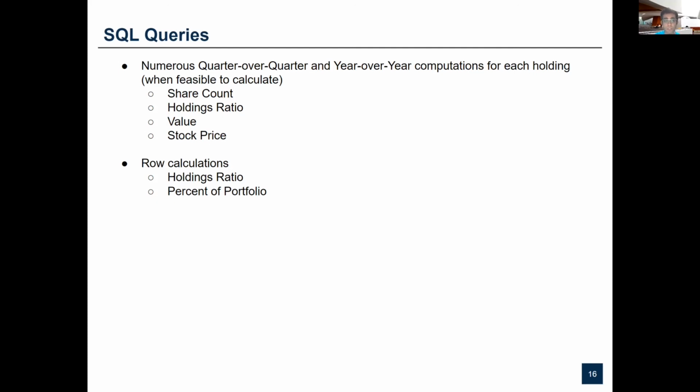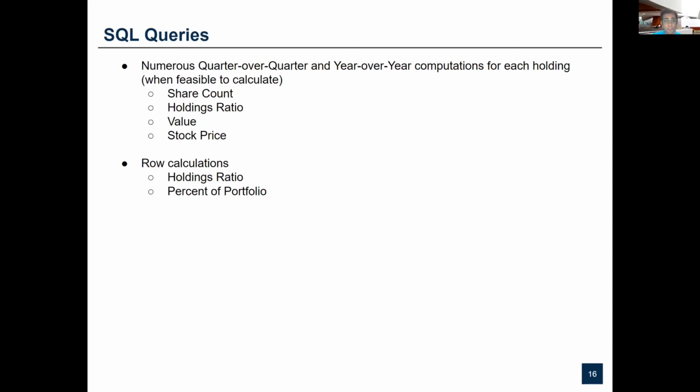The third would be seeing the change in the value of the holding over the quarter or over the year. And the final is the stock price changing over that quarter or year. And all 4 of these are expressed as percents. And then finally, the other classification we had would be the row calculations.